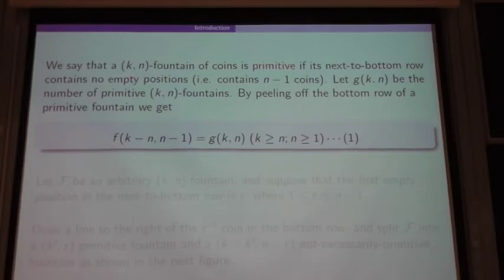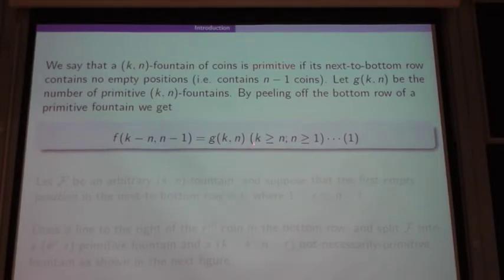Okay? So here, let's introduce a new function, g, which enumerates all primitive Kn fountains. And now if you peel off that bottom row, you immediately get this relationship between f and the new g. That's kind of clear, right?